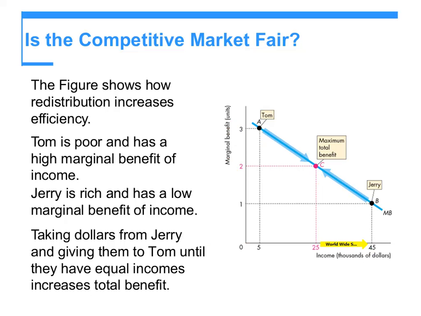So why not reach the point where both of them are at 2? That is the definition we are trying to give. We take the money from Jerry to Tom, so Jerry's income becomes less and Tom's income goes higher. Taking dollars from Jerry and giving them to Tom until they have equal income increases total benefit. That is the whole idea.